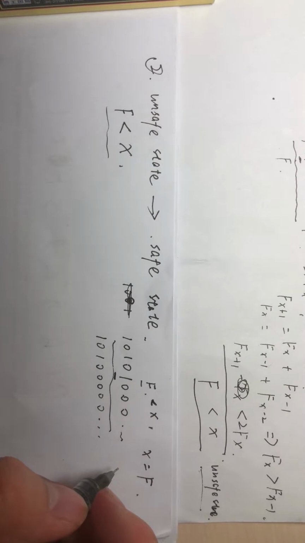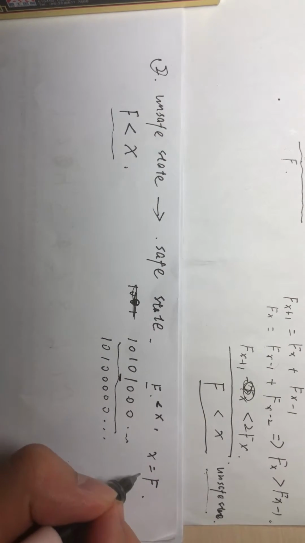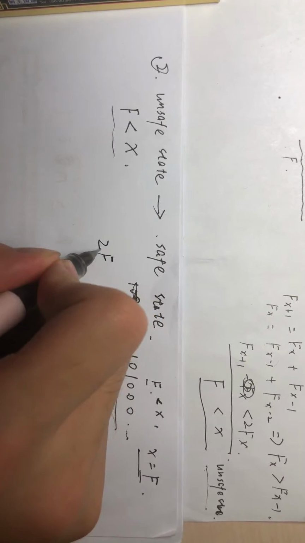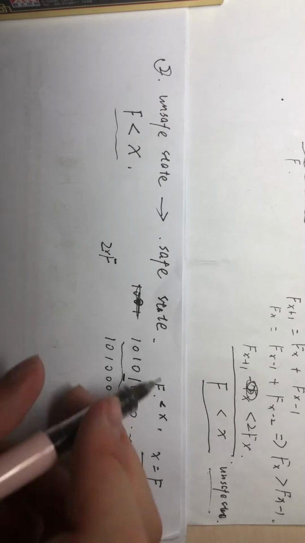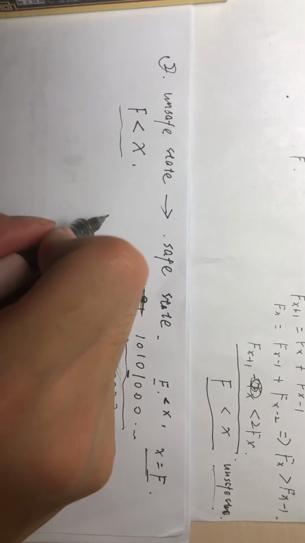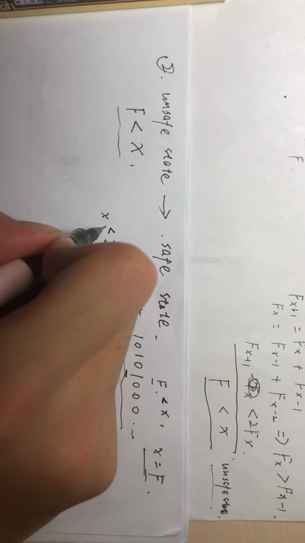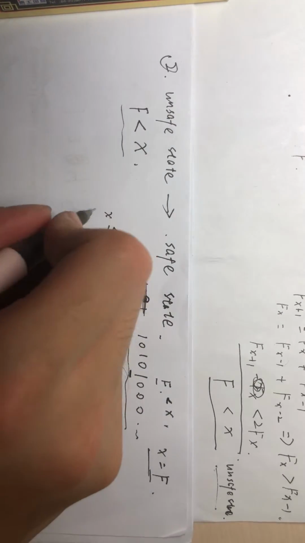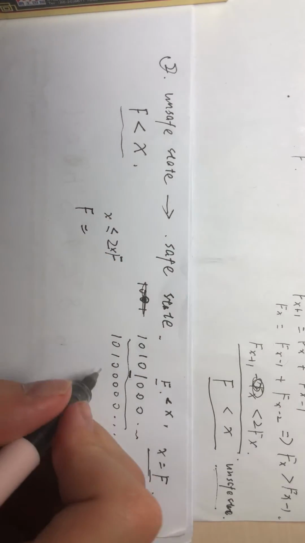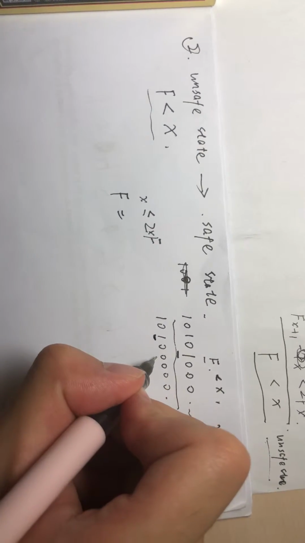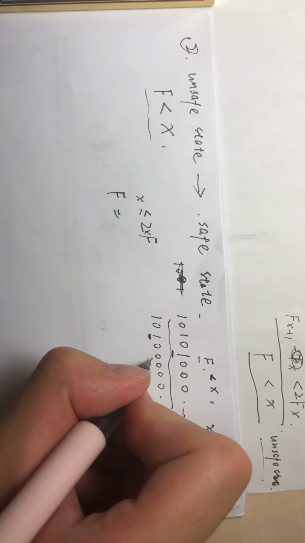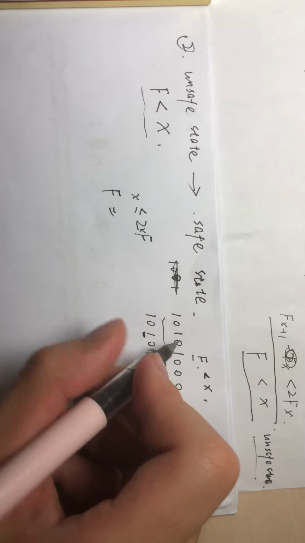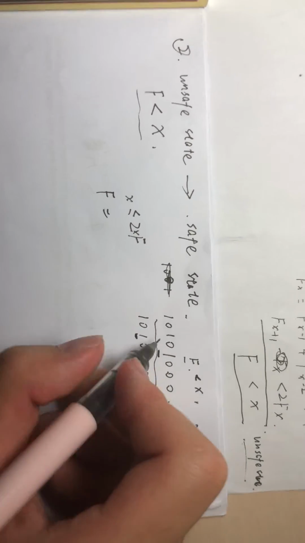Since the last time the removed stones is f, this time the stones we can remove is 2 multiply f. X is smaller or equal to 2 multiply f, and this time the new f is equal to this one. It's the 2 position upper than the original one.